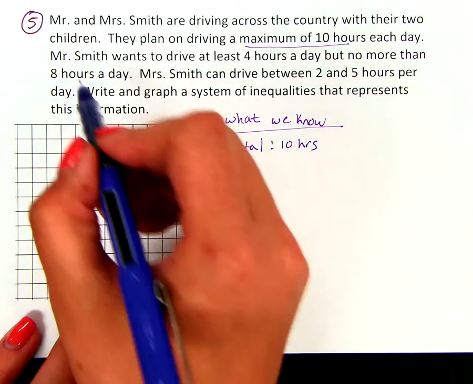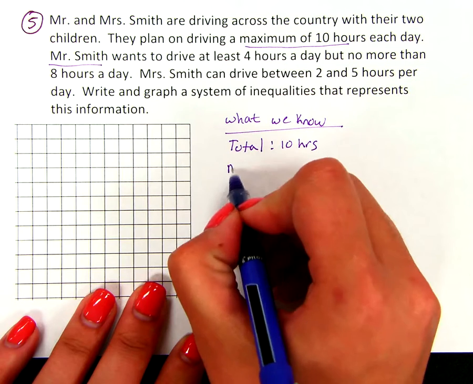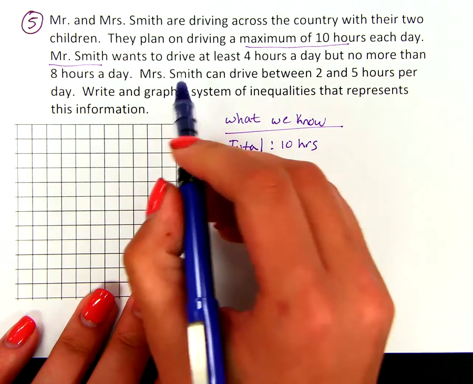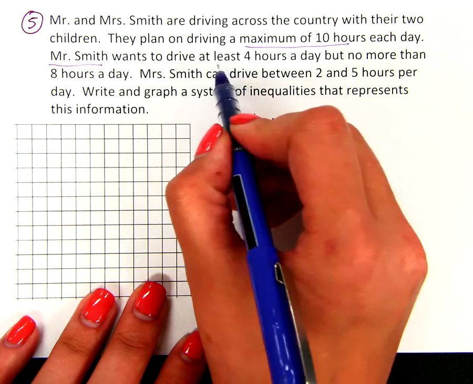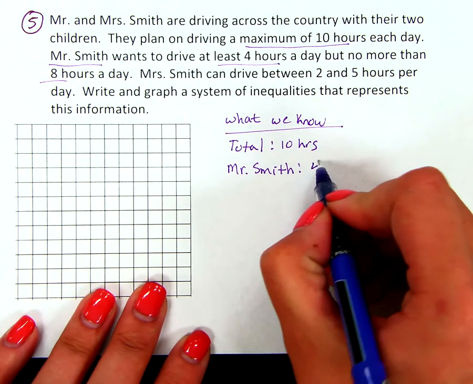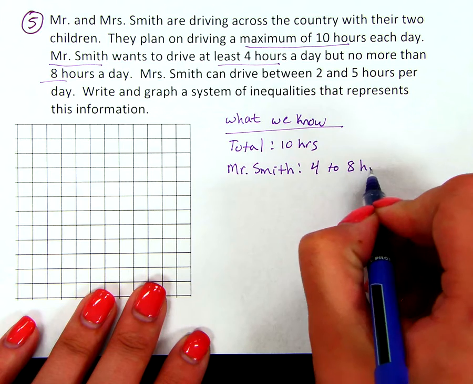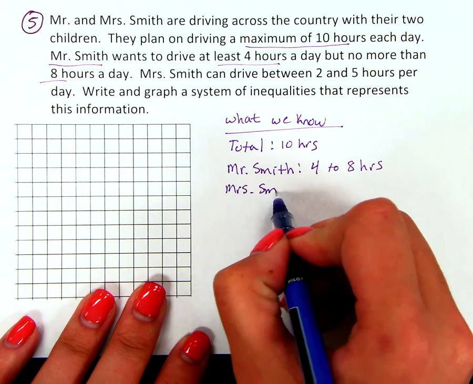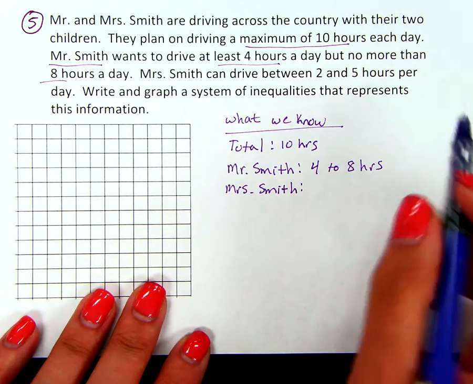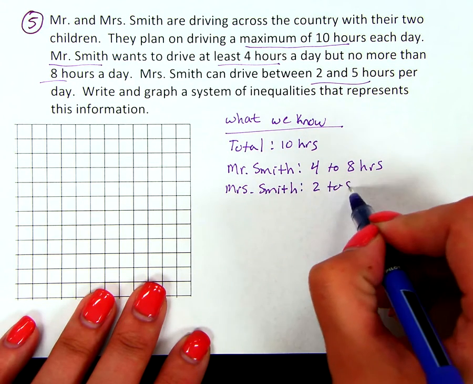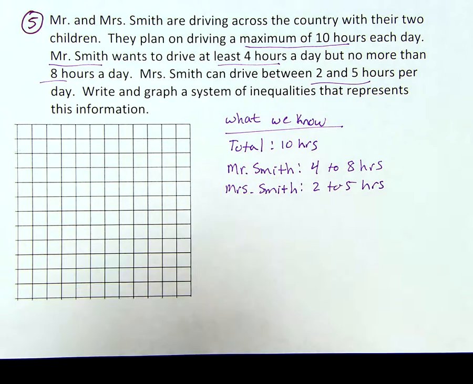And then Mr. Smith wants to drive at least 4, but no more than 8. So he's driving 4 to 8 hours. And then Mrs. Smith can drive between 2 and 5 hours. All right, so it looks like we have everything covered.